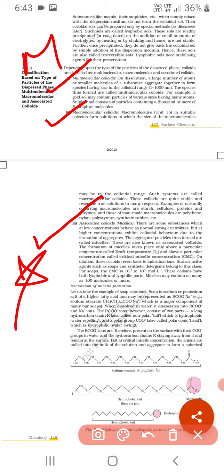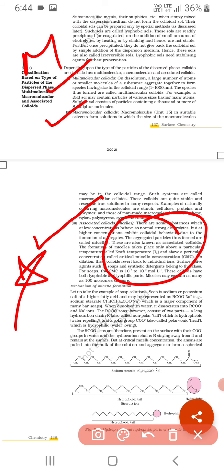This is called associated colloids, and this aggregation is also called micelles. The temperature above which this process happens is called the Kraft temperature, and the concentration is called the critical micelle concentration.